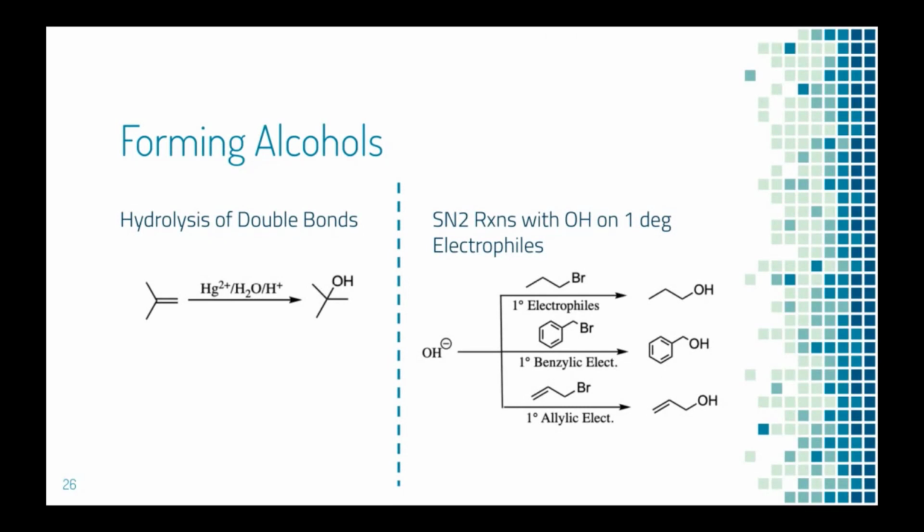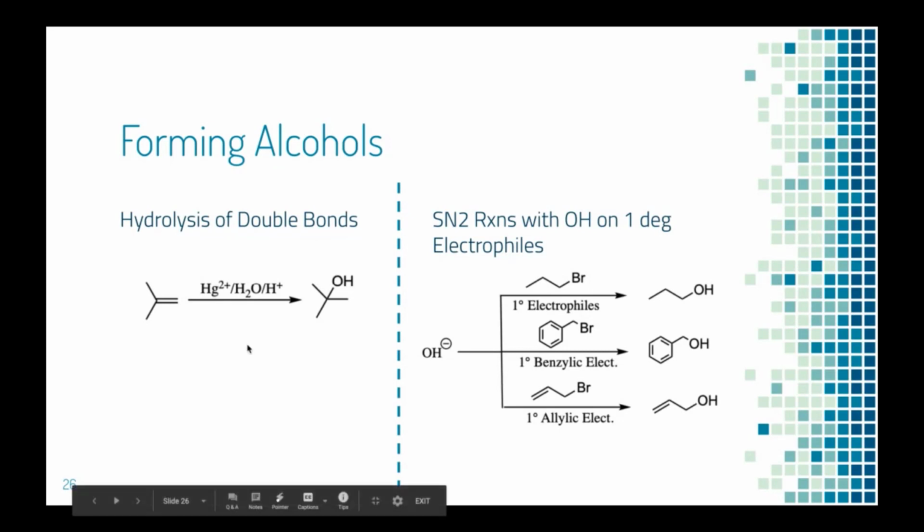In terms of forming alcohols, you can use hydrolysis of double bonds in order to form an alcohol. As shown, that's the Hg2+, and then the water and the acidic environment.